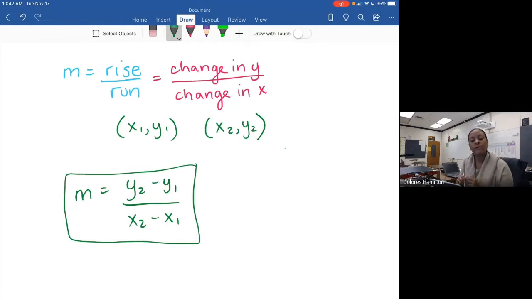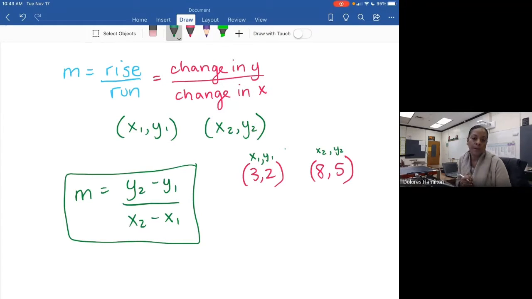We're going to use this equation when we are given 2 ordered pairs, an x1, y1, and an x2, y2. Let's look at that last example where we had the 2 points on that line, 3, 2, and 8, 5. I'm going to choose my first point to be the ordered pair 3, 2, x1, y1, and then x2, y2 is going to be 8, 5.